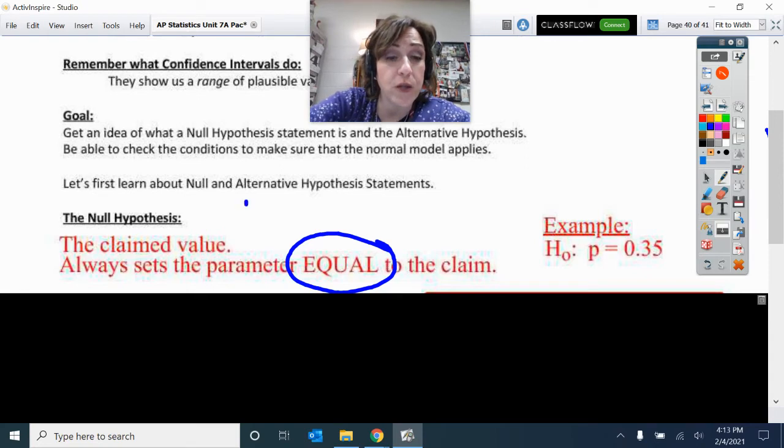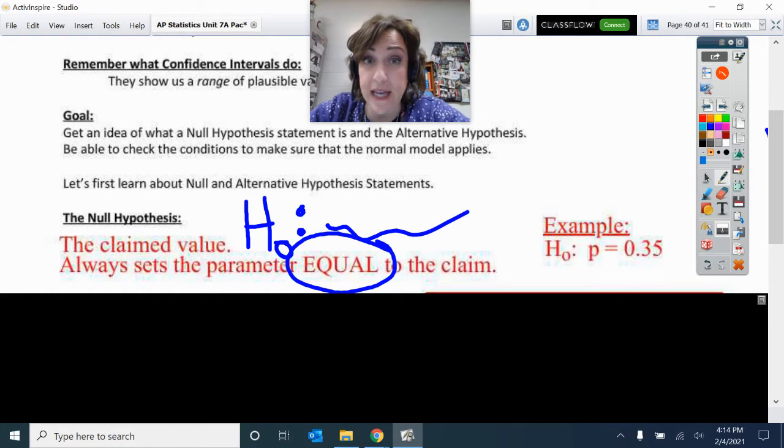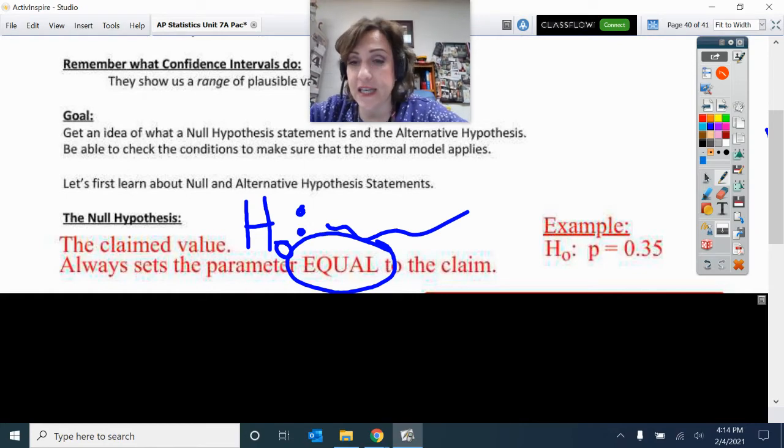We use H with a little o for the null, and then a colon, and then we put whatever it is that we are claiming. So here's an example: H0 with the colon, and then you define the variable that you are claiming about, p equals 0.35.